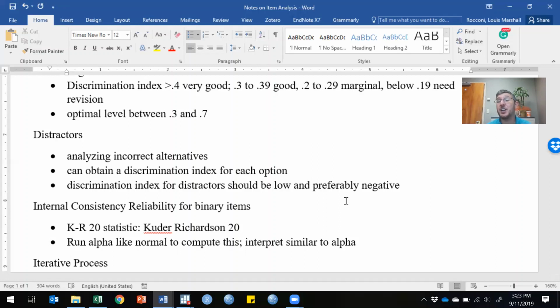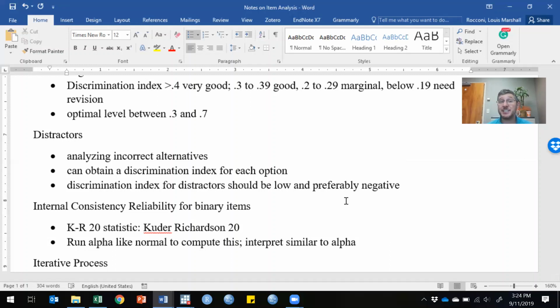Are high performers selecting a decoy item? That's another indication that something could be wrong with that item. Typically what we do is calculate a discrimination index for each one of those response options, and we would preferably want that discrimination to be low or even negative for the distractor items.